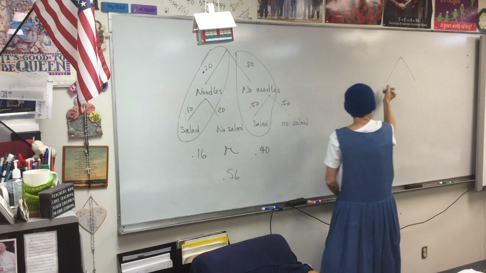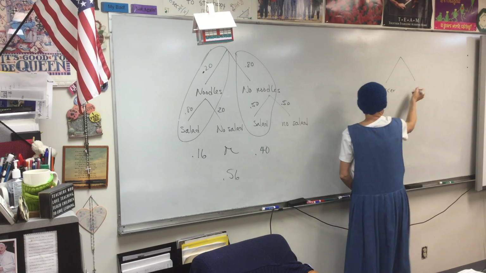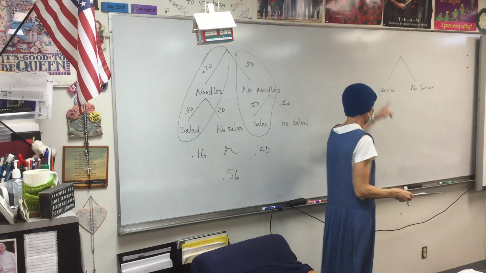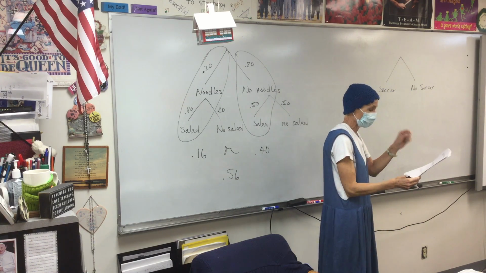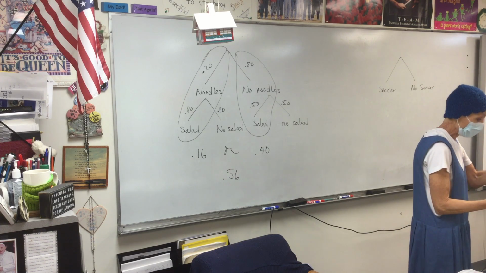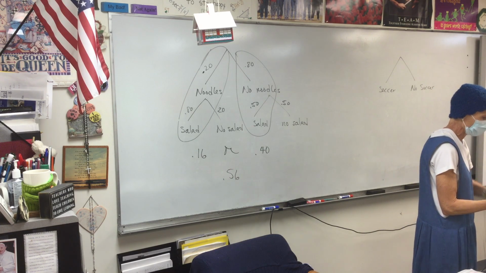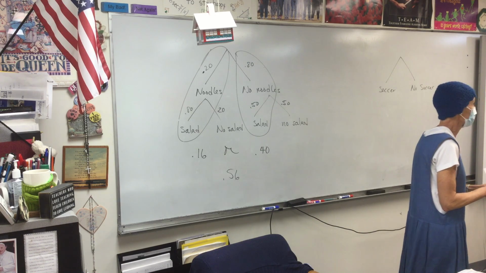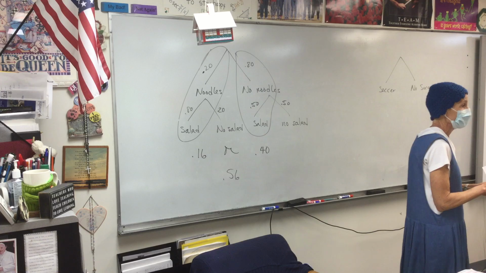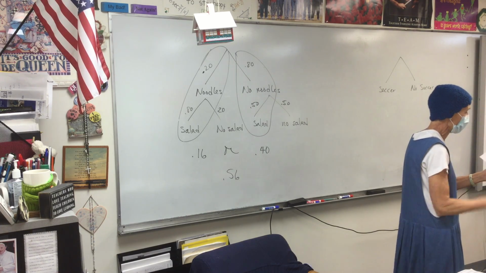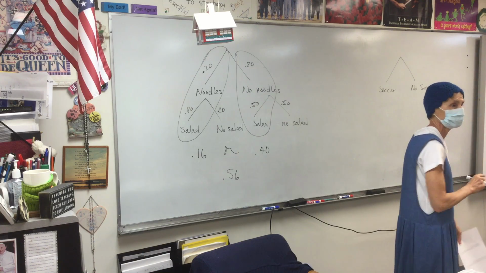So I'm either going to play soccer or I'm not going to play soccer. Now, what's the probability I'll play soccer? It should tell me in the problem. Read the question. It says the probability of a student playing soccer is 70%.